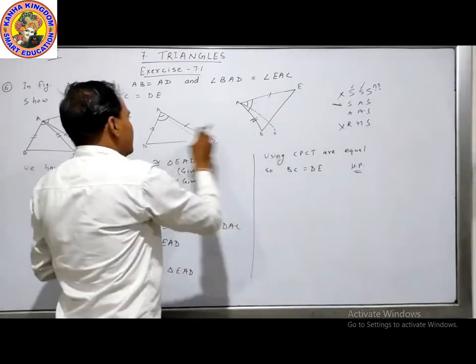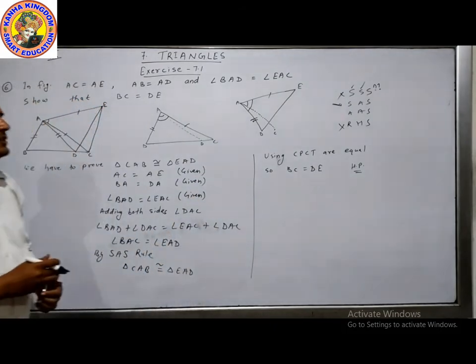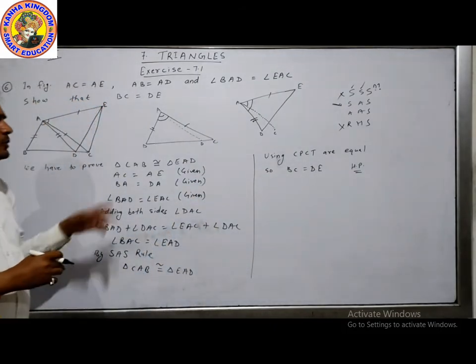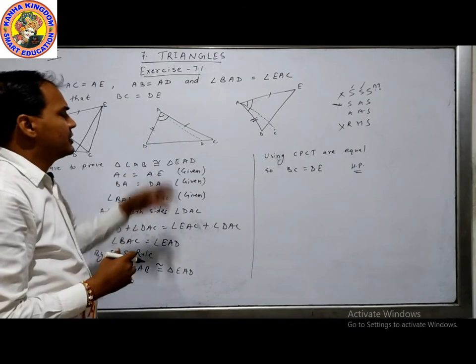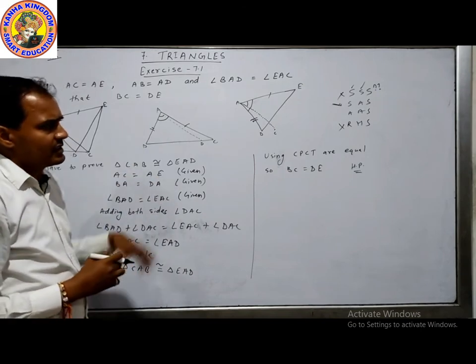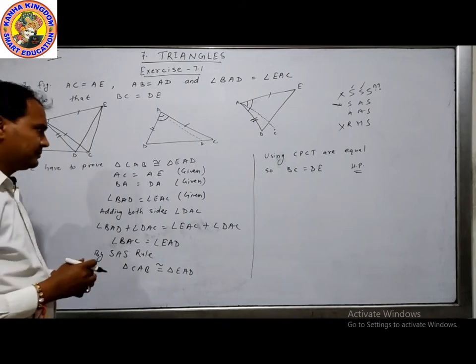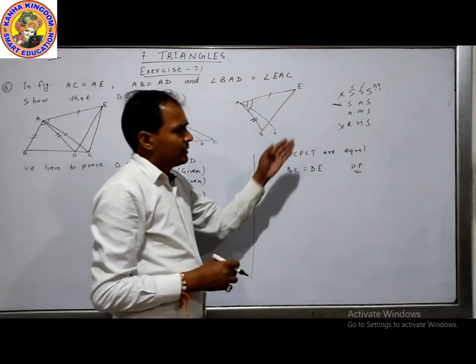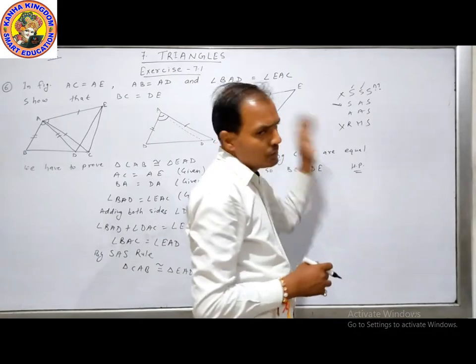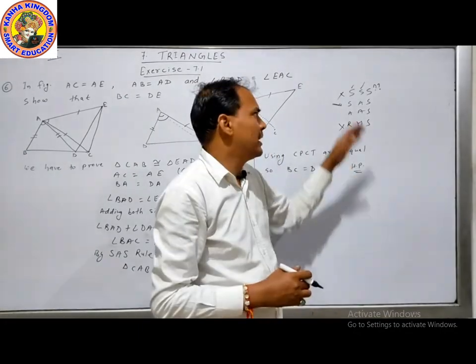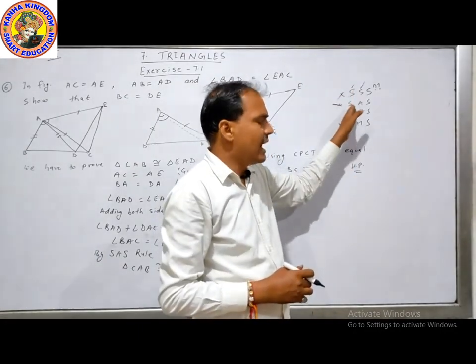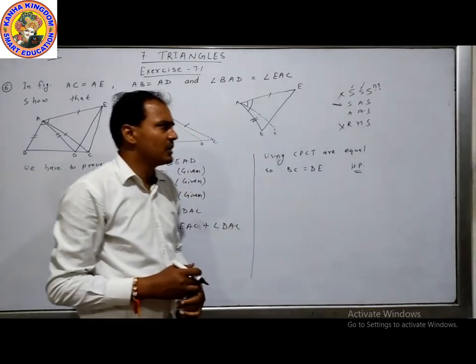Two sides of this triangle are equal. The third side we have to prove is equal. By congruency we can say that all sides are equal. These two triangles are congruent by congruency rule SSS, SAS, AAS or RHS.